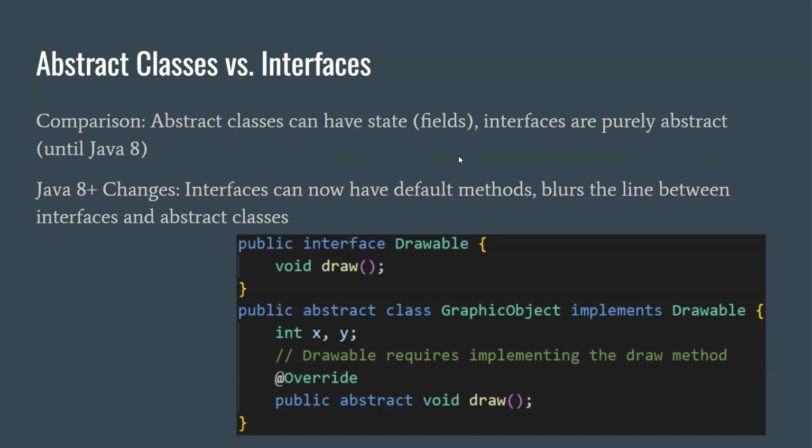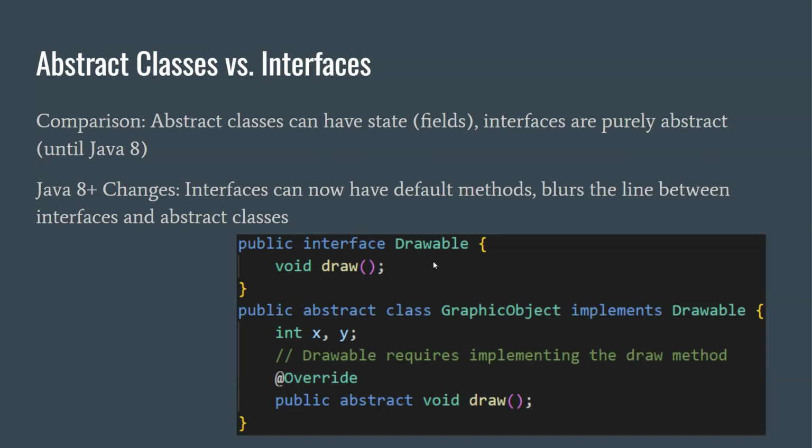Interfaces, until Java 8, could only contain method declarations. But with the introduction of default methods in interface in Java 8, I'll say the line between the two has blurred a little bit, but each still has its unique use case based on the needs of your application.